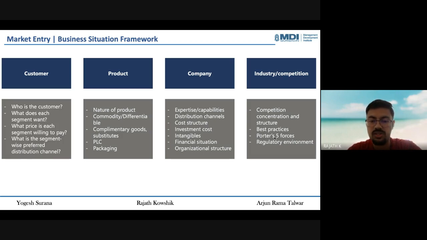So for instance, if a product company is trying to enter a services market, there has to be a huge overhaul of its human resource staffing and everything, right? Because a product company doesn't have to deal with very specific client-based grievances, unlike a service-based company on the other hand.